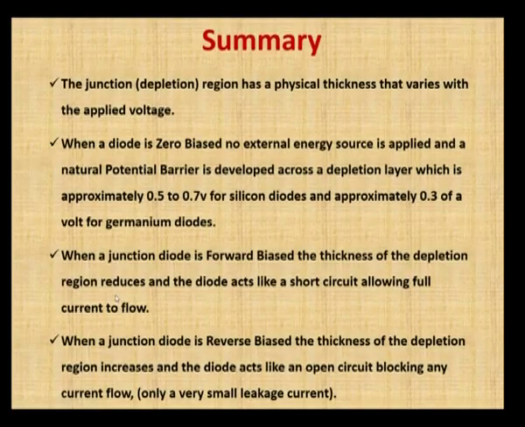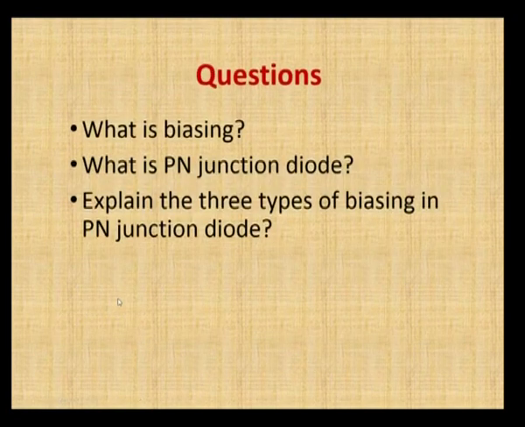And also we came across the approximate voltage for forward bias in silicon and germanium, and we also came across the leakage current. Some of the questions we can expect from this session are: what is biasing, what is a PN junction diode, and explain the three types of biasing in PN junction diodes.